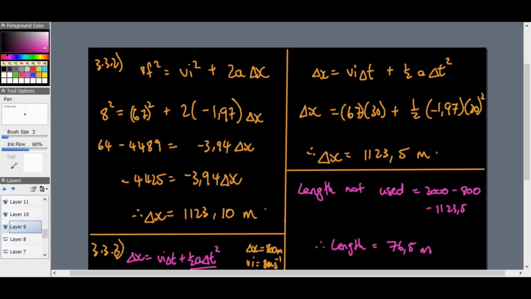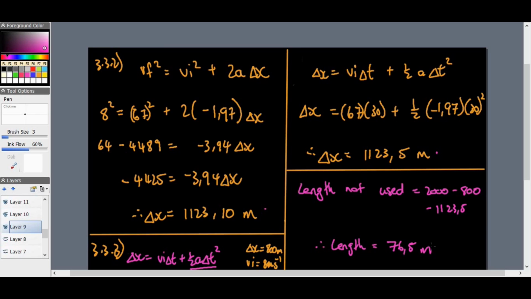Now if you use the other answer there, which you also see on the screen, 1123.1, we'll get 76.9. And if you used another answer, I think there's a third formula that you can use. Delta x is equal to vi plus vf divided by 2, times time. I think you'll get more of a whole number answer there. You'll get 75 meters.